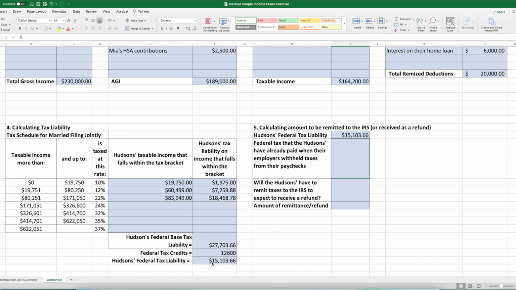So we talked in class about federal tax withholding, how the law requires all employers to estimate taxes for their employees and deduct it from their paycheck and send it to the IRS on their behalf. So when you file your taxes, you need to claim credit for it. Those are taxes that you have prepaid. So how much taxes have they already prepaid?